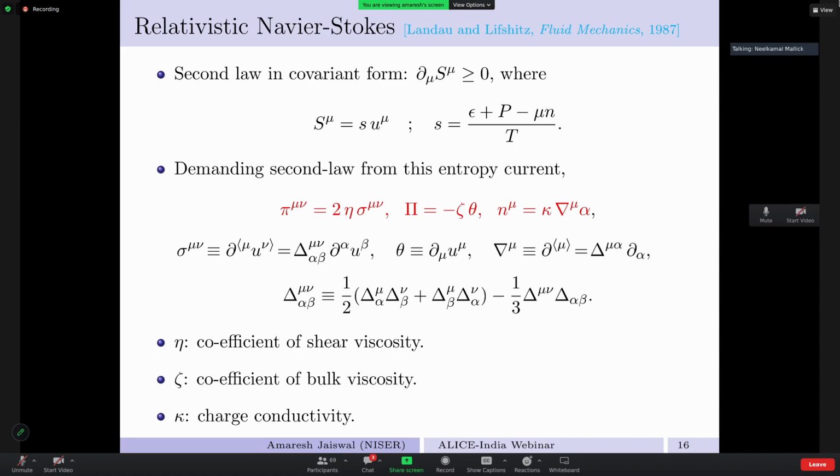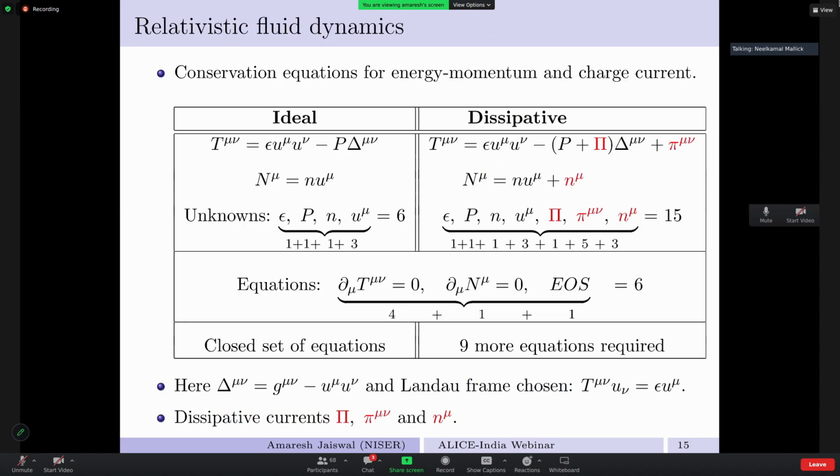Yes, okay, thank you. So the second question is very naive. We observe that for different particle species we have different flow. For example, at low pT, where hydrodynamics works really well, we typically observe a mass ordering. So how does that mass ordering come from the hydrodynamics itself, and how does the mass come into play?